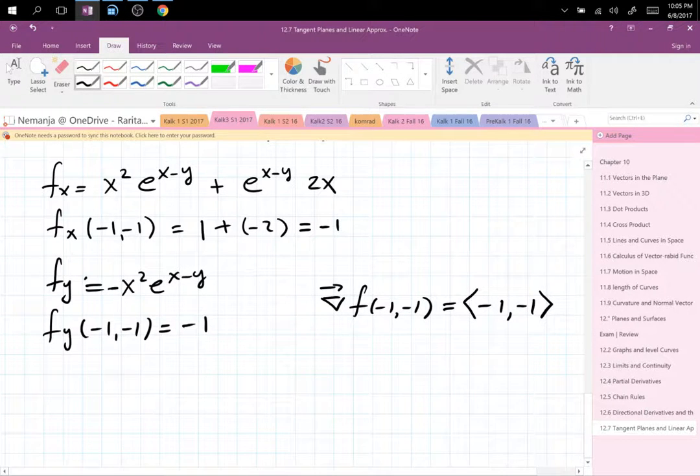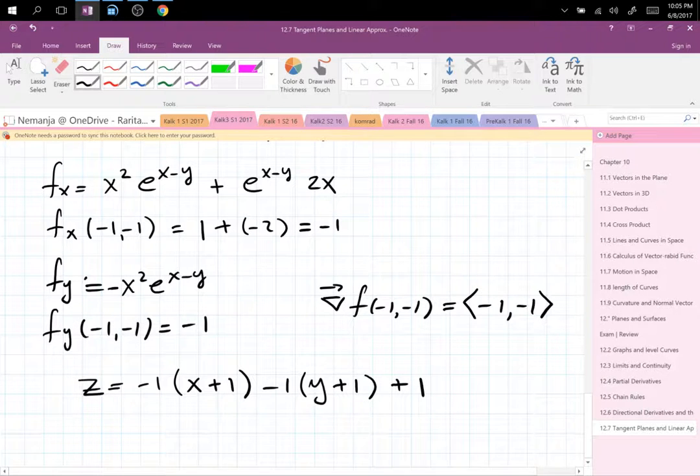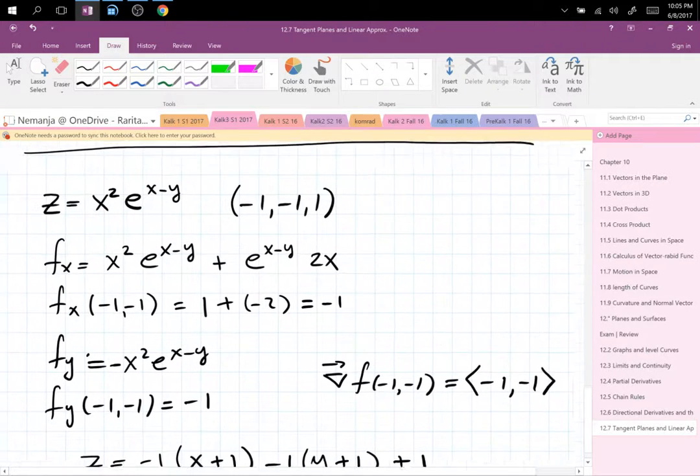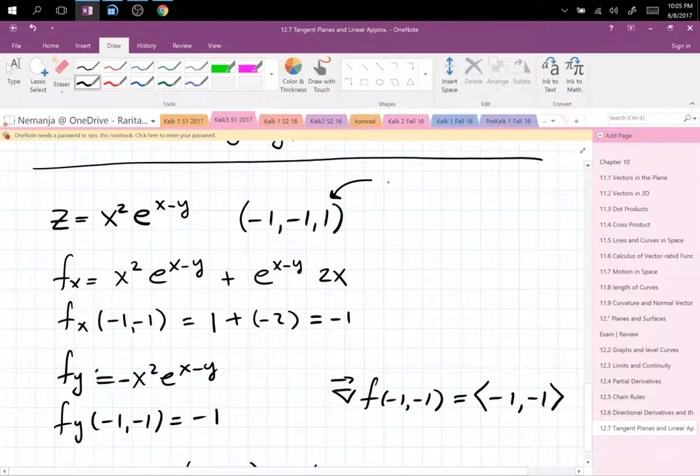So as I'm writing the equation of the plane, z is equal to -1 times x plus 1, -1 on y, which is y again plus 1, and then plus the function computed at this point, which is the third coordinate, which is just 1. That's f of a, b. This point over here is your f of a, b.